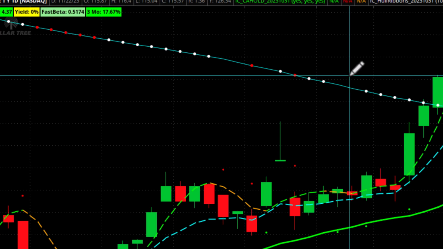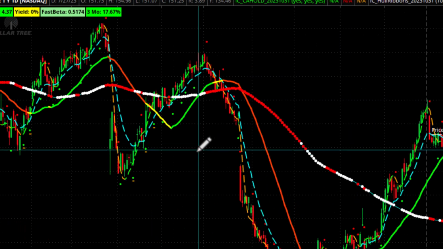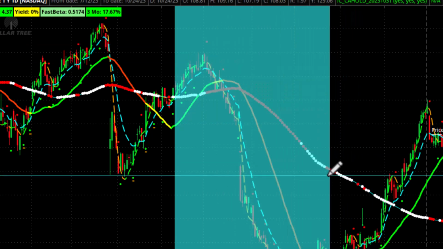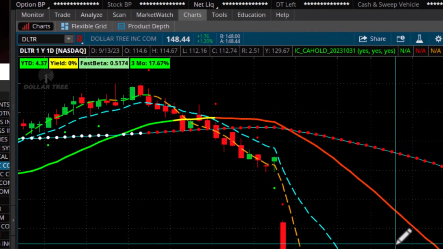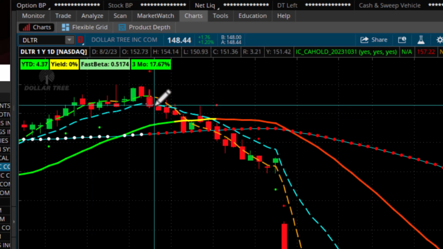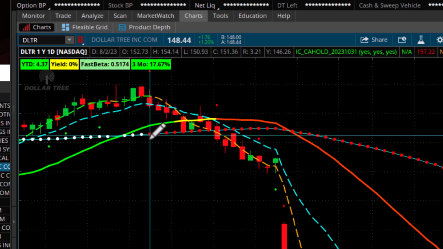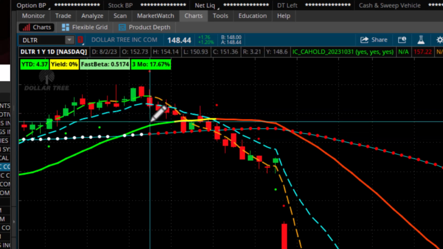So the way the posture works, let's look at this series of red dots right here. We'll zoom in on those. If you're a red dot, if you're in phase 5 or phase 1.